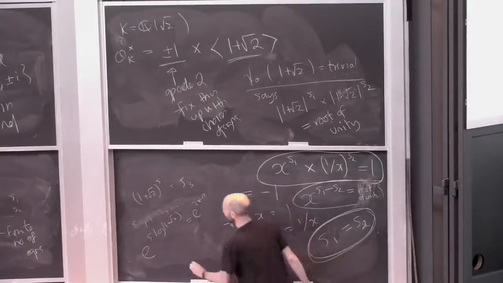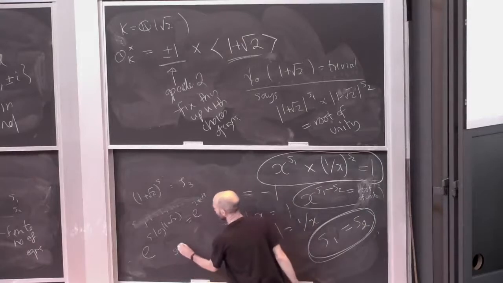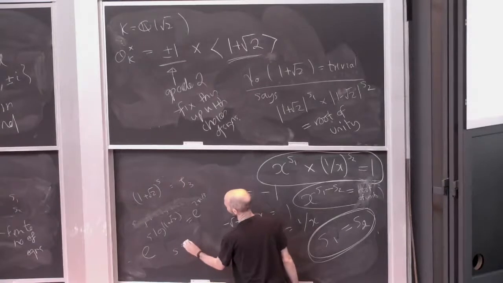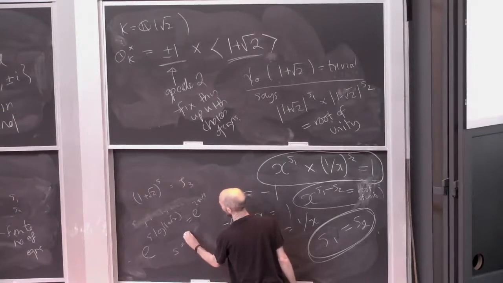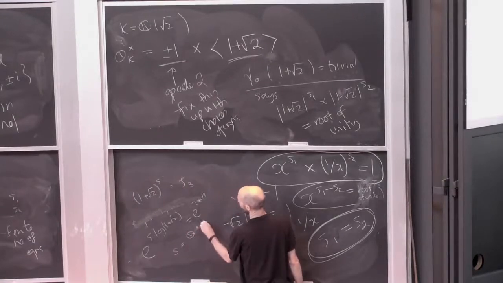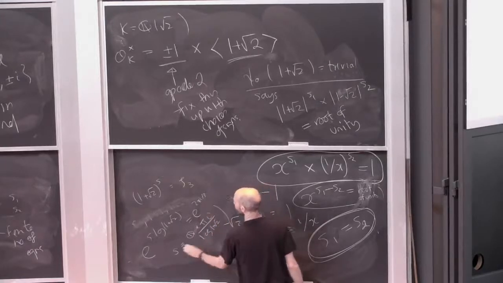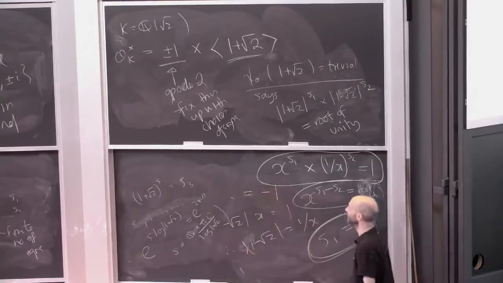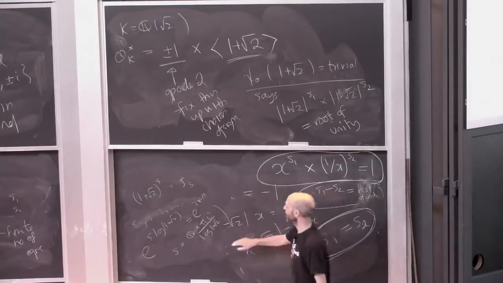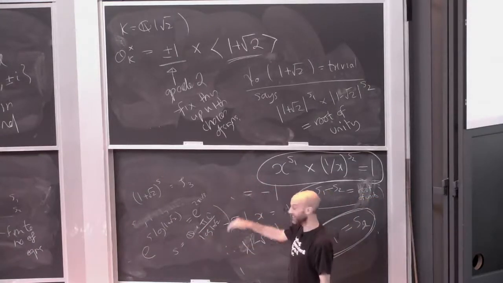It seems to me that s is allowed to be a rational number times pi times i divided by log of 1 plus root 2. Right? That's strictly speaking the answer. And what I want to suggest is that that's actually discrete, right?